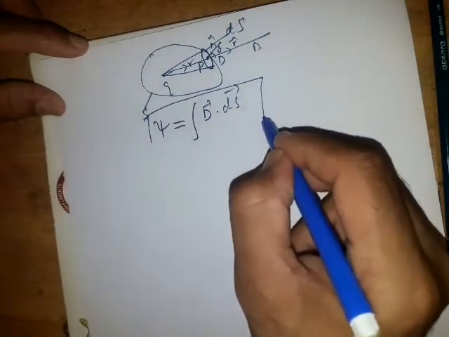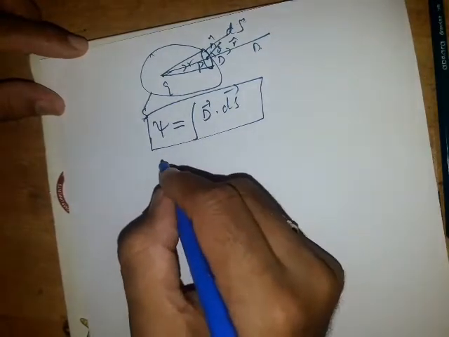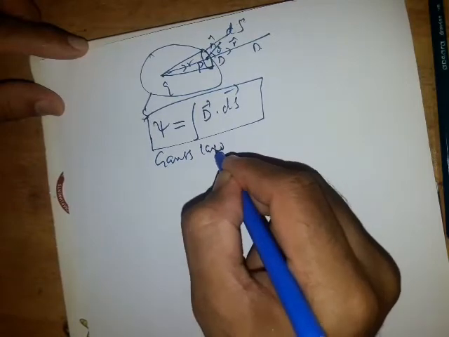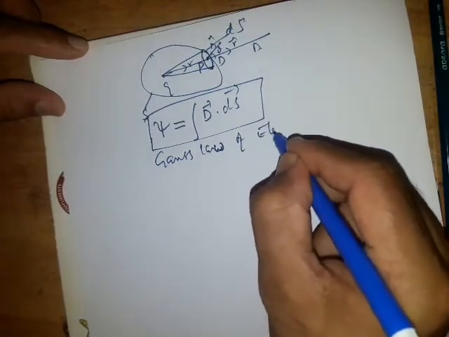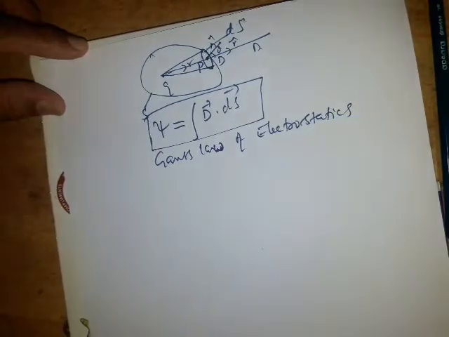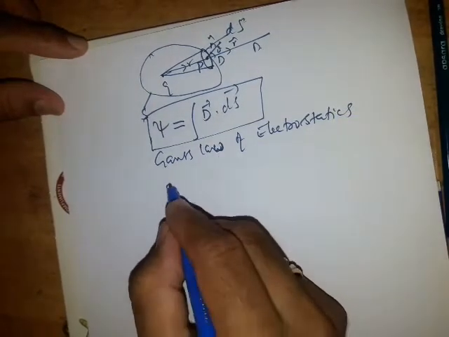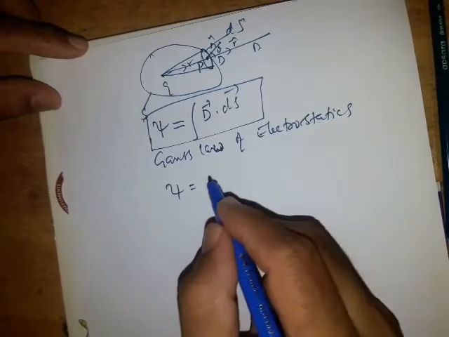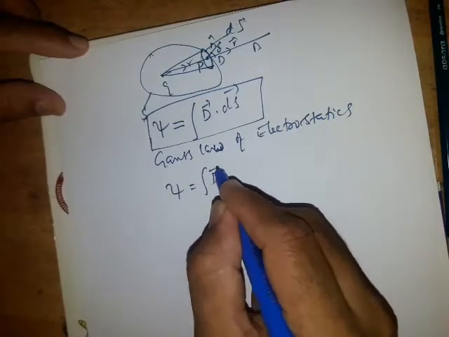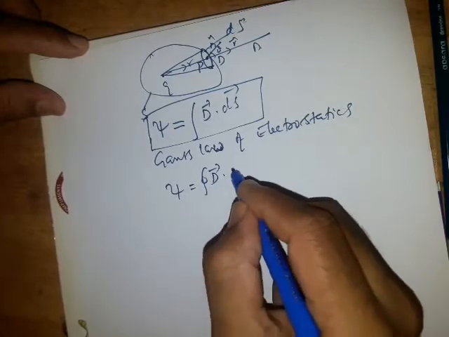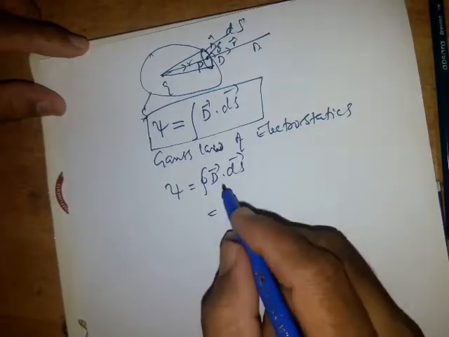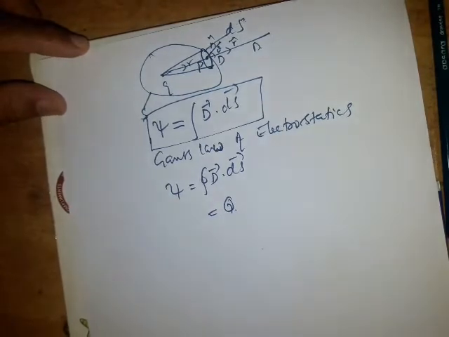This is known as Gauss law of electrostatics. And as I said, psi can be equated to the total charge enclosed, Q.